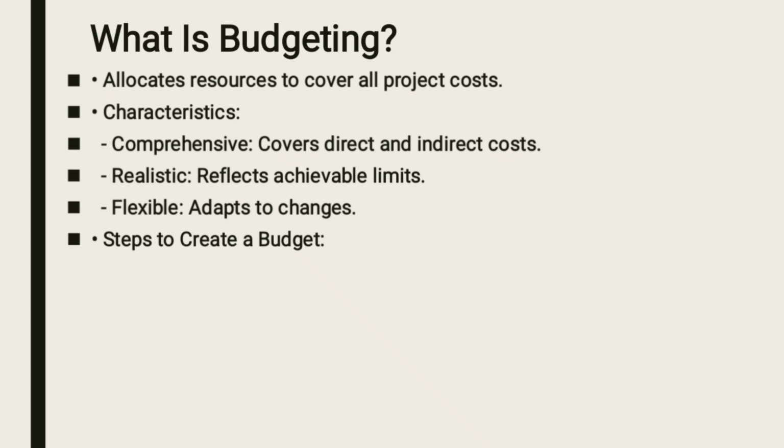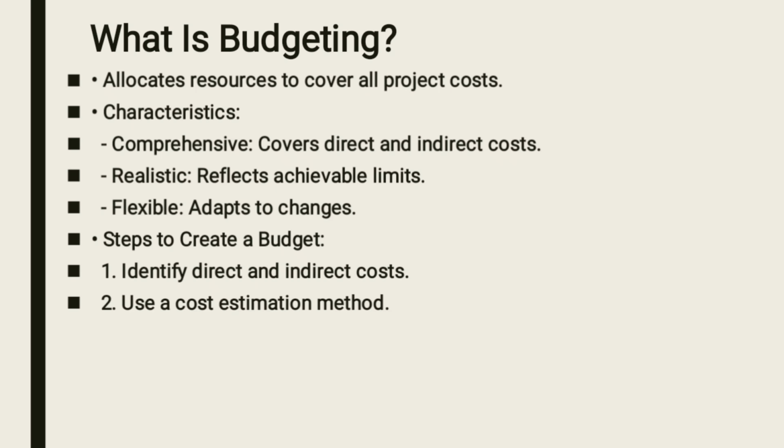Okay, steps to creating a budget. Number one, identify direct and indirect costs. Use a cost estimation method. That means you are going to choose between all the cost estimation methods which we have mentioned, and choose which will be the best for you as a project manager in your scenario. Another one, you need to add a contingency reserve.